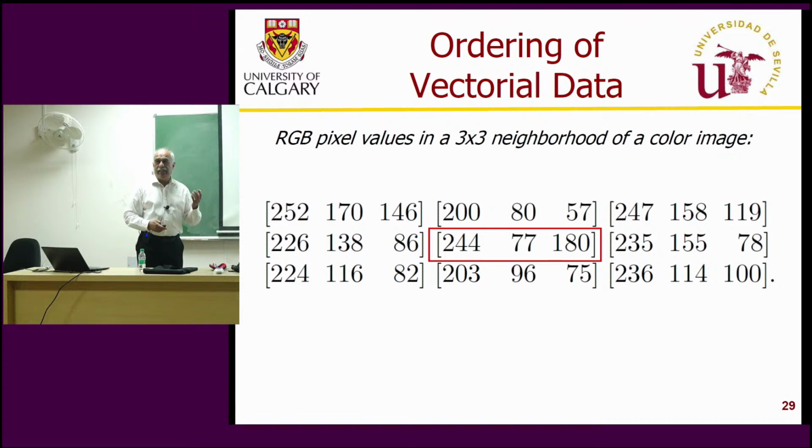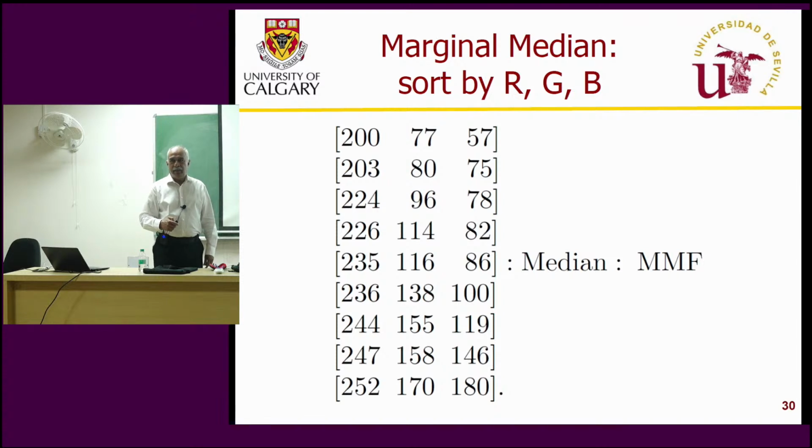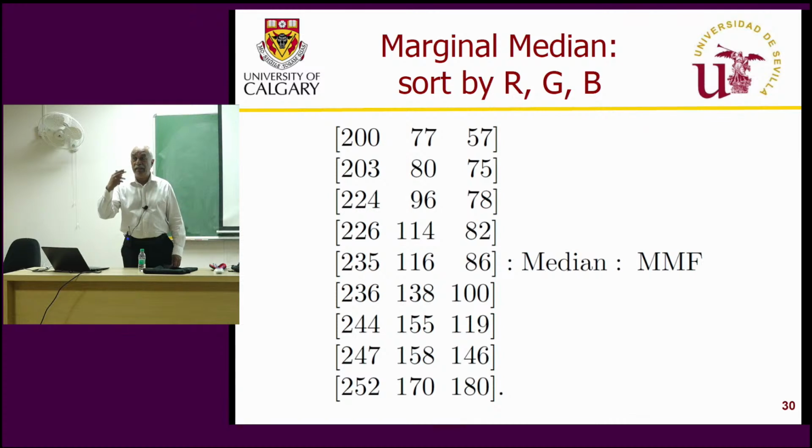RGB you can average easily, just add all the R components, divide by 9 and so on. So that is not a problem. But median is a problem. How do you sort a vector with 3 components? Because you want to get the median, which is the middle of that ordered list from minimum to maximum.